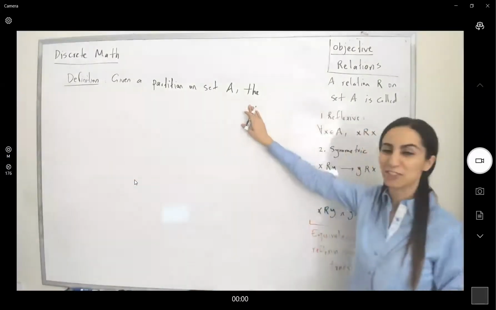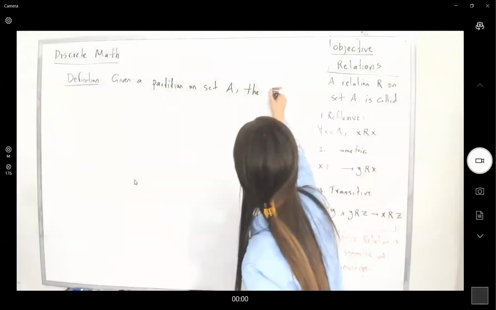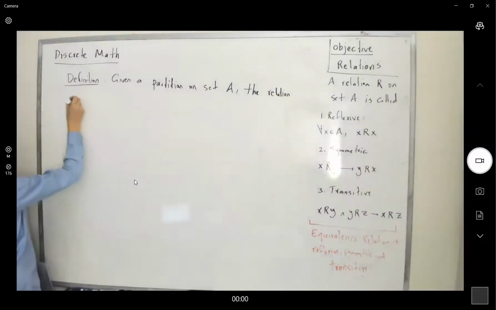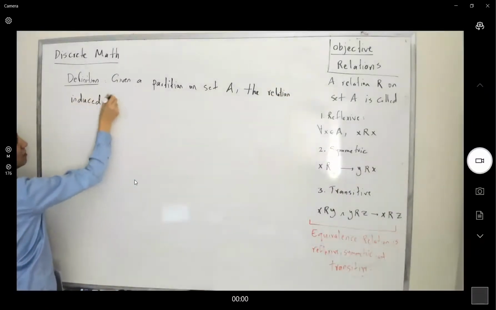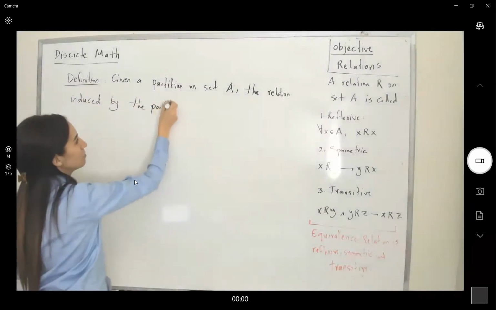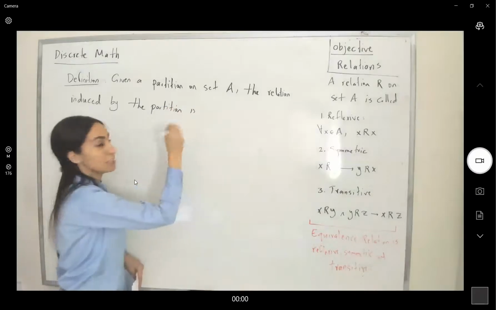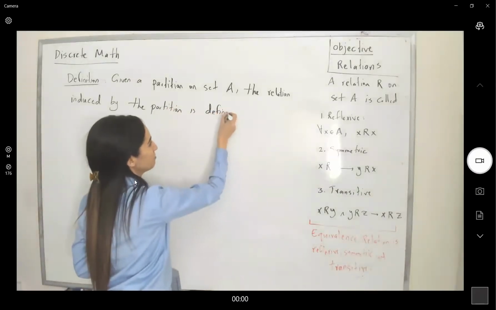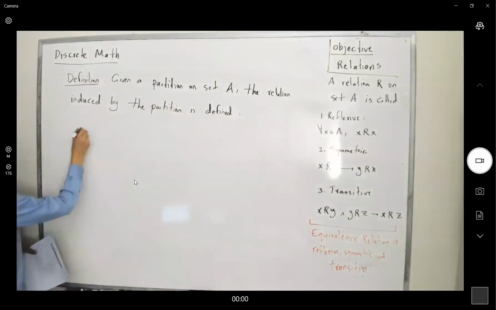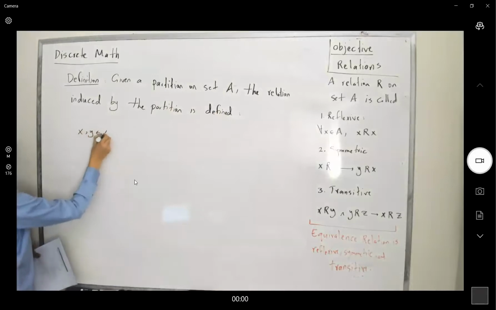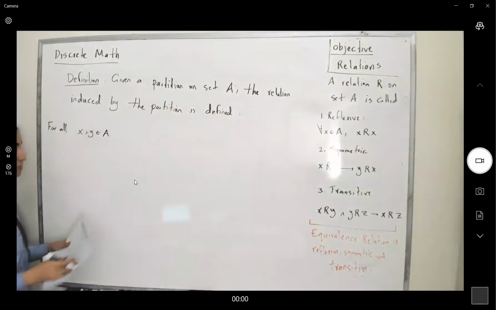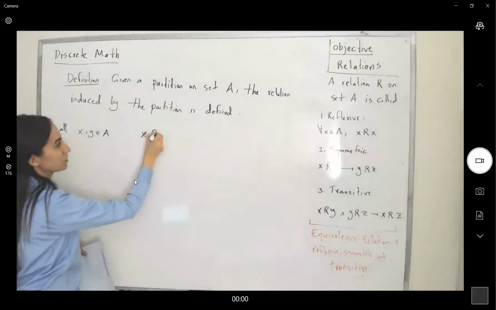So suppose we have a partition on set A. The relation induced by the partition is defined this way. We say that for all x and y in set A, x is in relation with y.